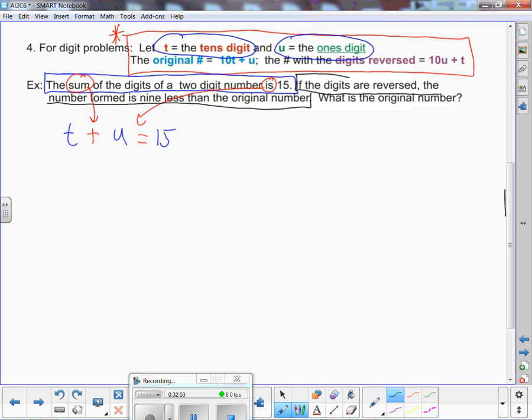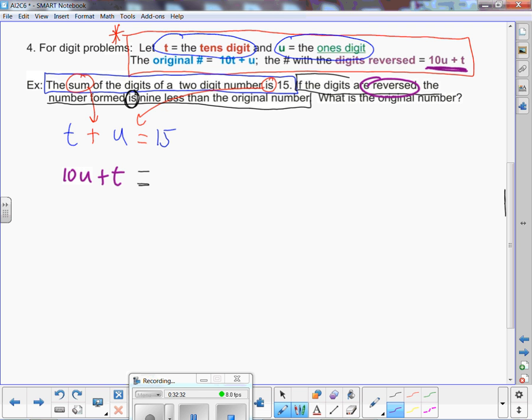So if the digits are reversed, the number formed is, there's my equal sign, is. So how do I say if the digits are reversed? Well, look back up. Remember, the digits reversed are always 10u plus t.